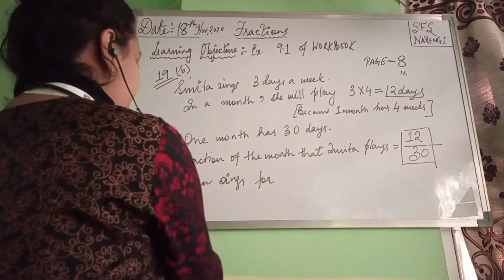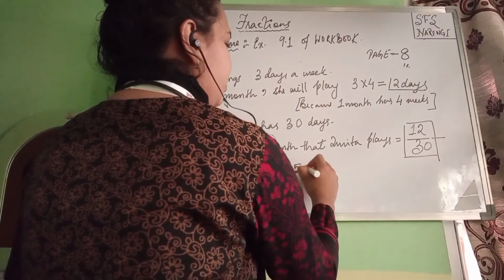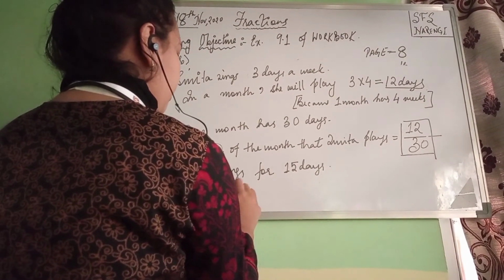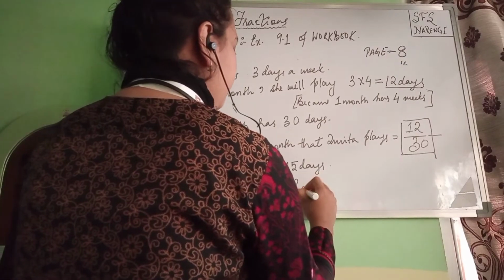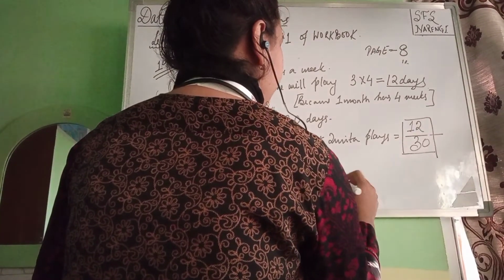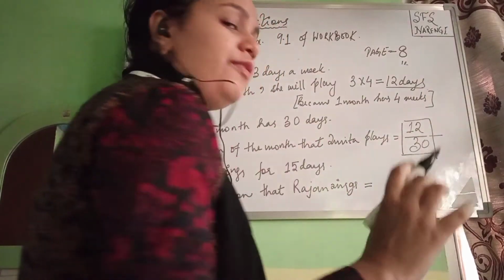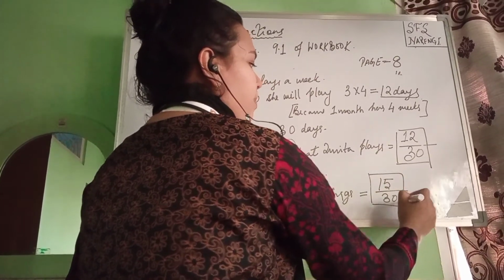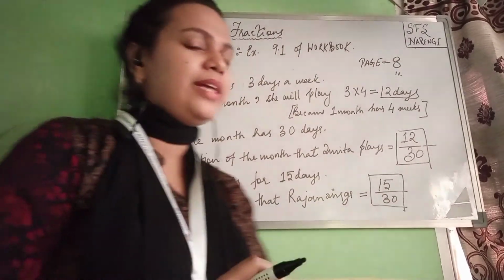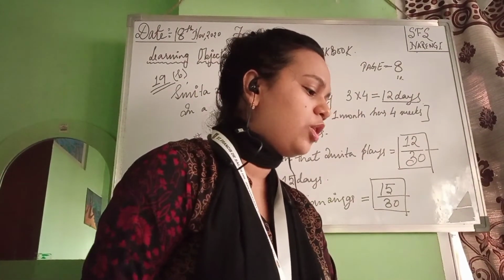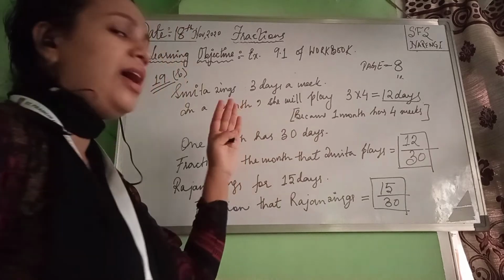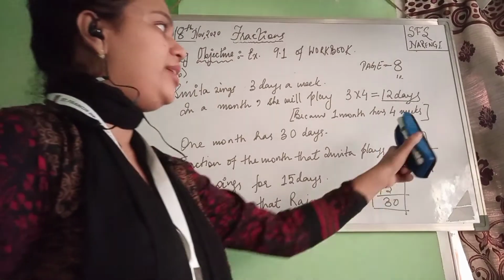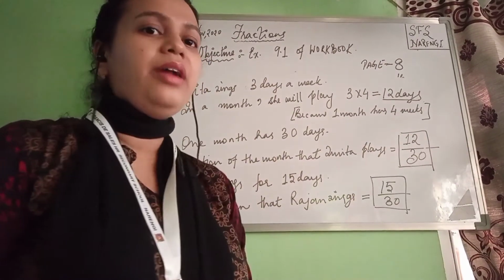So the fraction of the month that Ranjan sings is 15/30, because there are 30 days in a month and of that 15 days are the days that Ranjan sings, okay? So now the question is, you have to see whether Smita and Ranjan sing the same amount of time. So we have to check if 12/30 and 15/30 are equivalent.